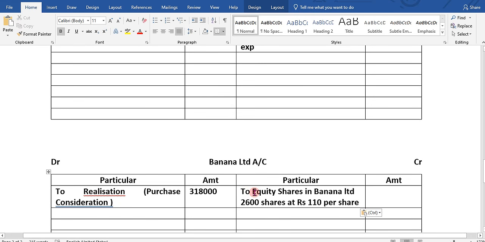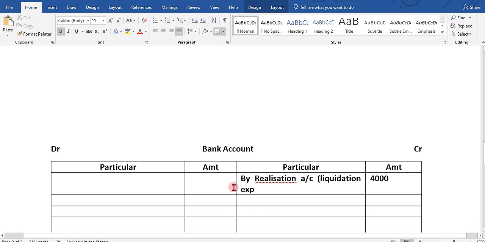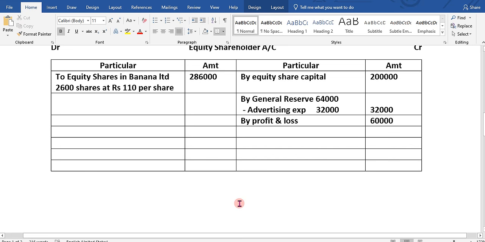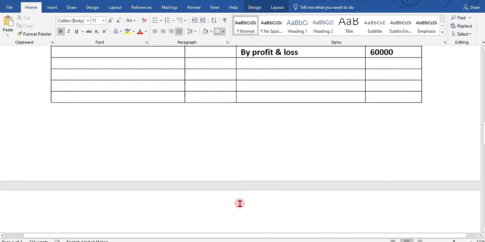It will be by equity shares in Banana Limited 2,600 at rupees 110, so the amount will be 2,86,000. Now closing of the equity share account we will do at the end.